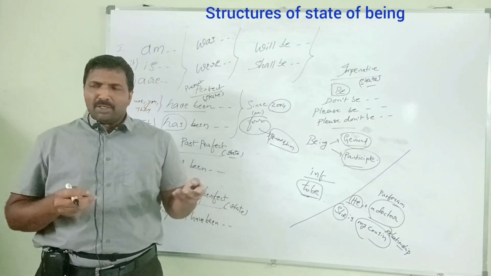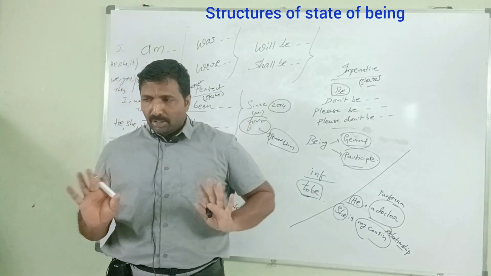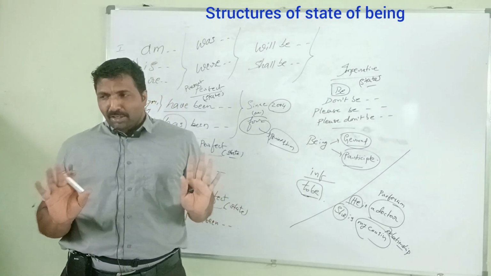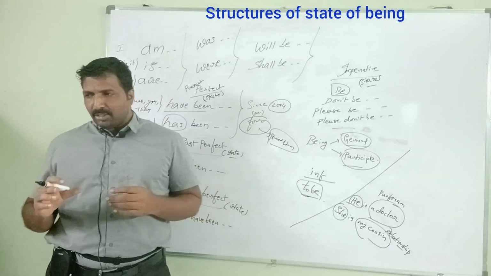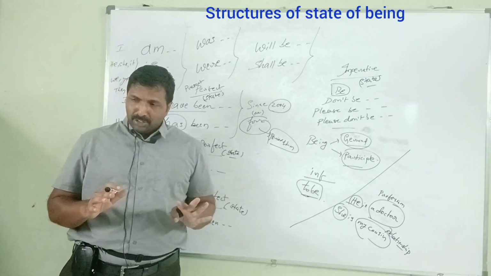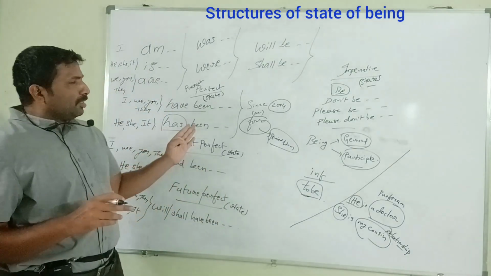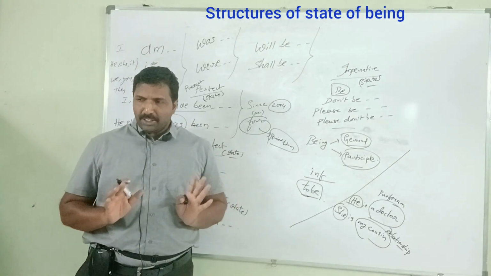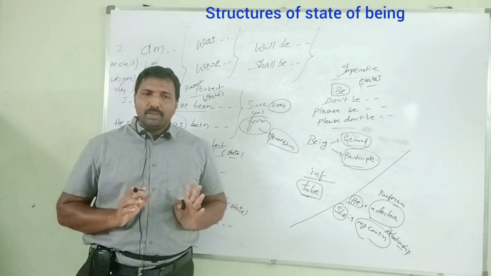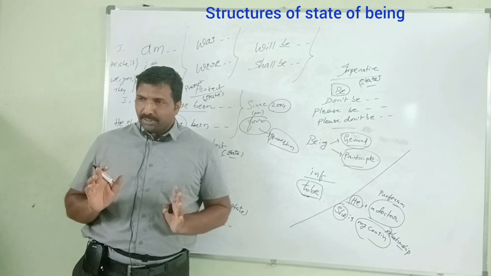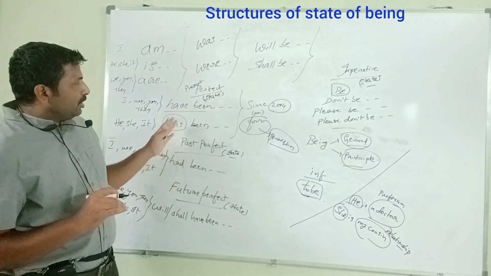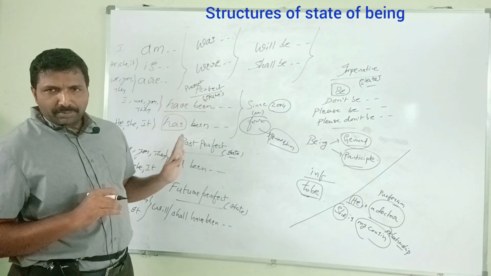If you say it in a normal sense, he is our principal, there is nothing wrong. If you wish to express his state of being with a time sense, he is still the principal for this school. He has been the principal for this school for 15 years. Are you understanding? Present perfect state of being.